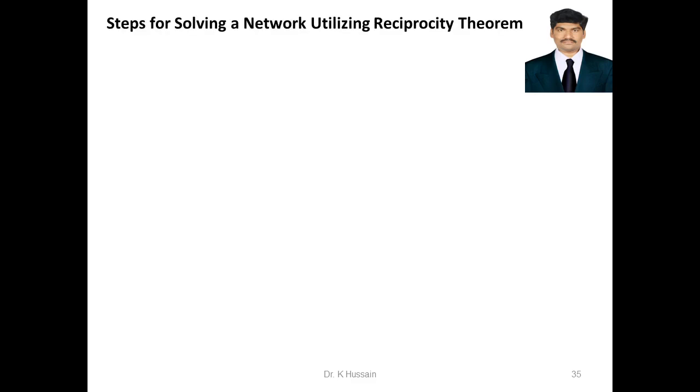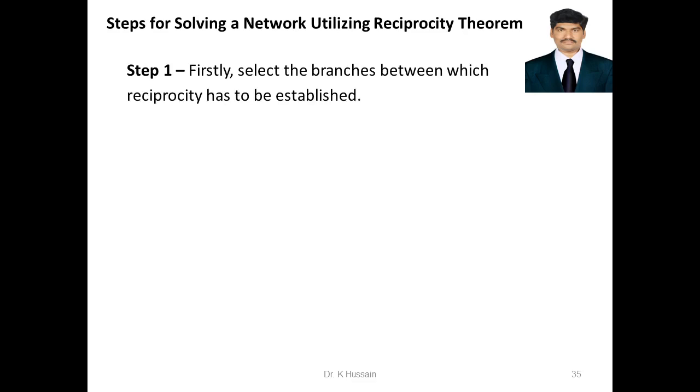Now we'll see the steps for solving a network utilizing the reciprocity theorem. First step: you have to select the branches between which reciprocity has to be established. That is up to you.